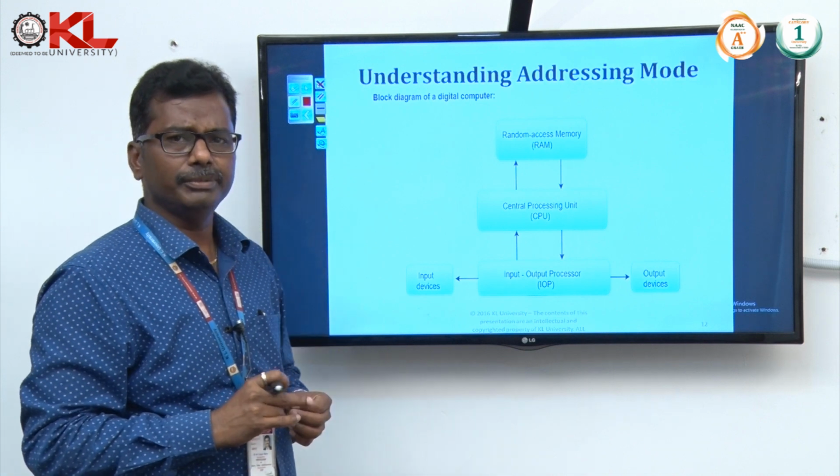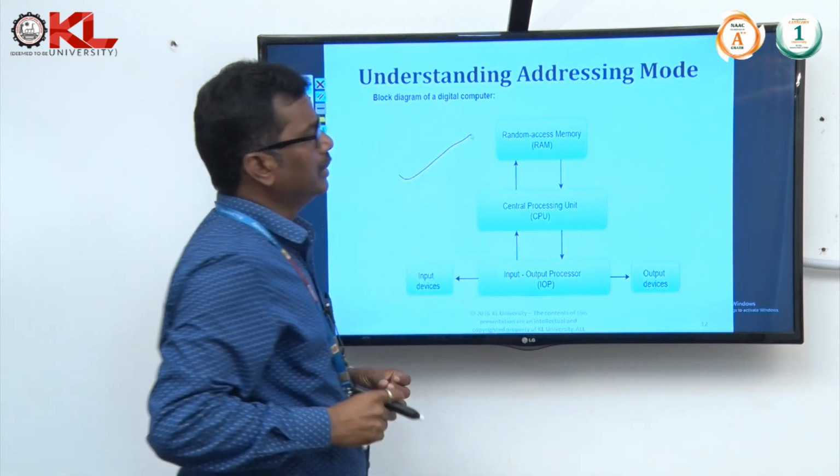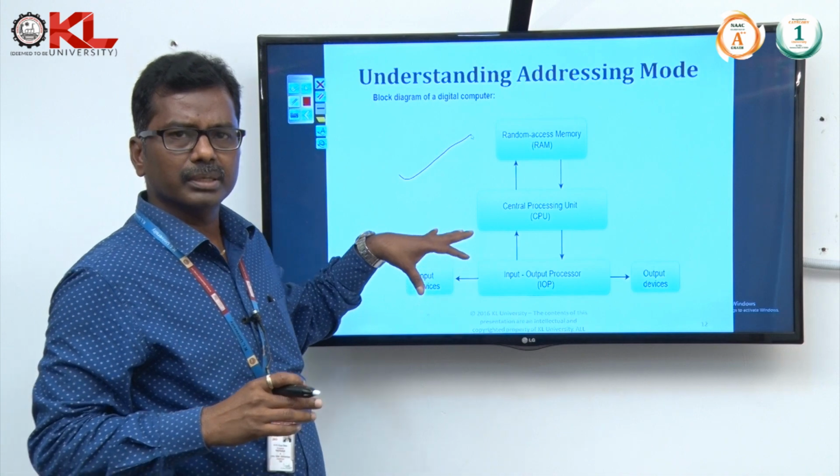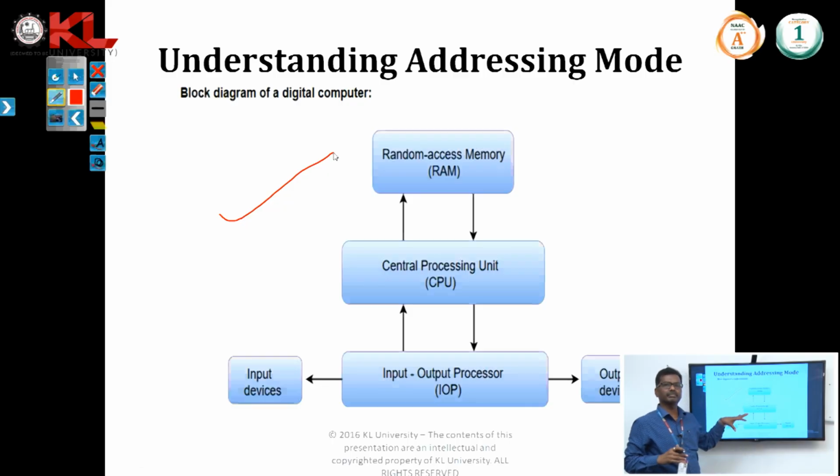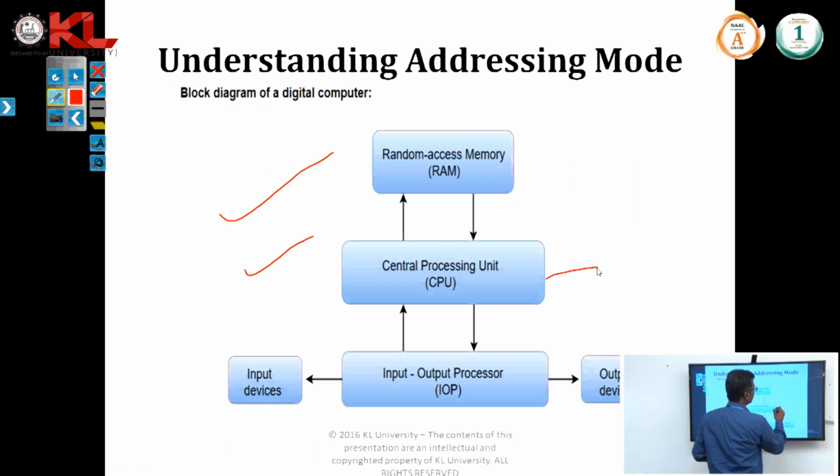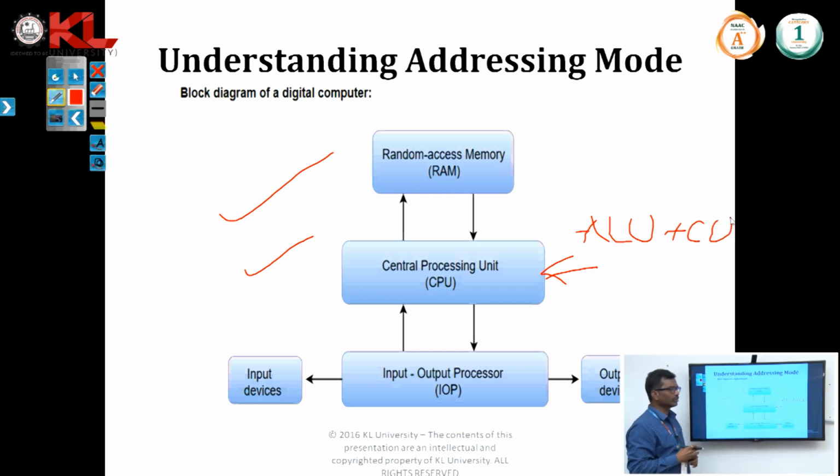Now if you look at this diagram, this is the simple block diagram of a digital computer, the von Neumann architecture. In this von Neumann architecture block diagram, we have the CPU or the processor, the central processing unit, which is a combination of the ALU and the control unit, the arithmetic and logic unit and the control unit.